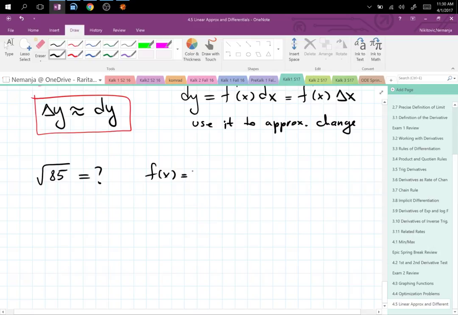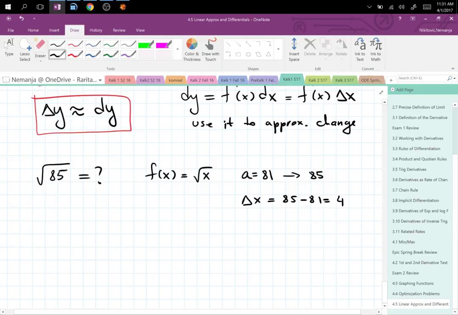F of x is going to be what? Very good. And now this is what I'm going to do. I'm going to say easy value to compute is 81, and I need that to change to 85, right? So I have my delta x to be 85 minus 81, which is positive 4.